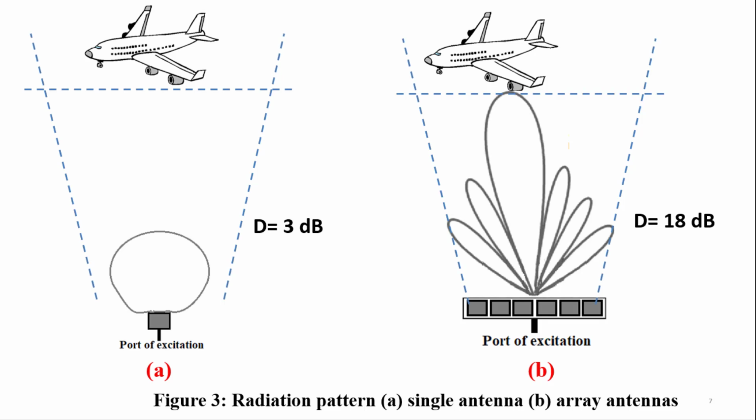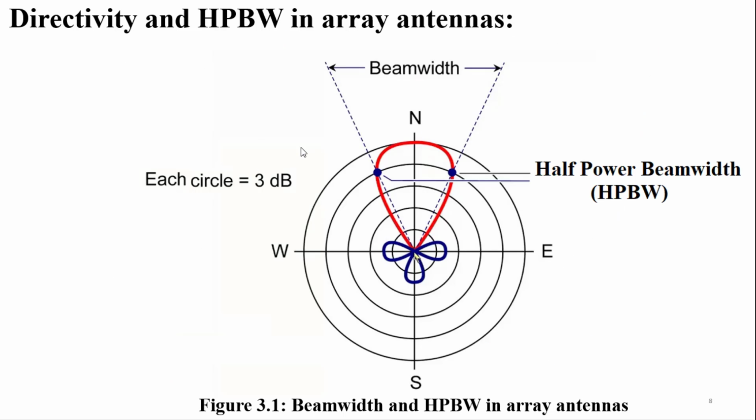Another parameter used a lot in array antennas is the half power beamwidth, to know how directive our antenna is. This parameter is in degrees. How can we determine it?